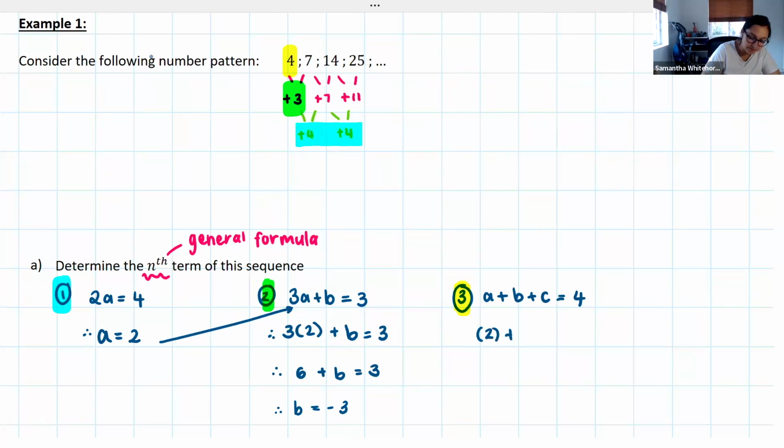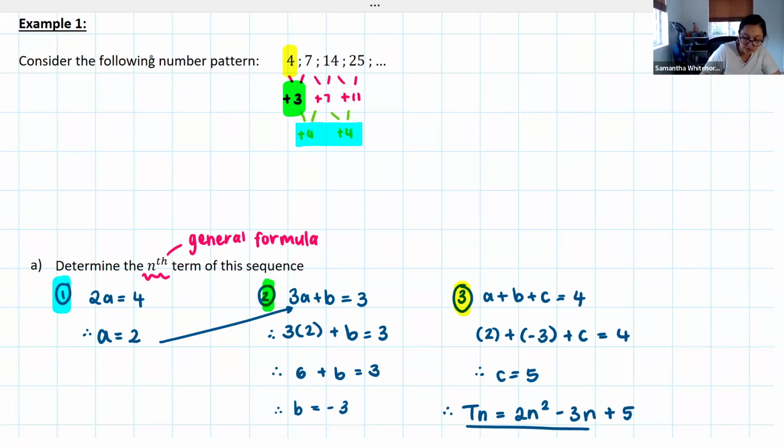So 2 plus -3 plus c is equal to 4. And we use that to find c. So in this case, c is going to be equal to 5. And once you've got those, you just sub it back into that general formula. So Tn is equal to 2n squared minus 3n plus 5. And you've got your general formula.